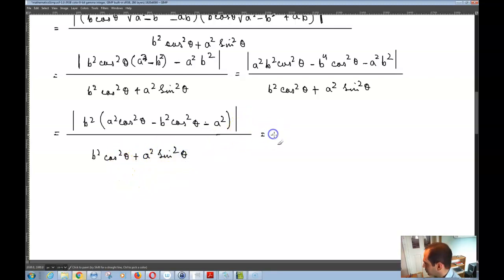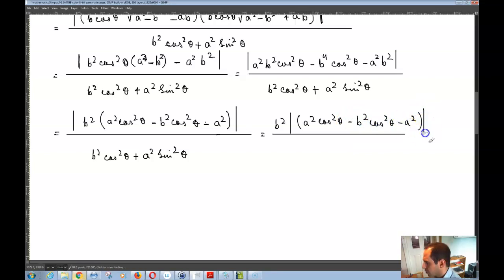And so I can take this whole thing out because it's a positive value. So b squared times the absolute value of a squared cos squared theta minus b squared cos squared theta minus a squared over b squared cos squared theta plus a squared sine squared theta.